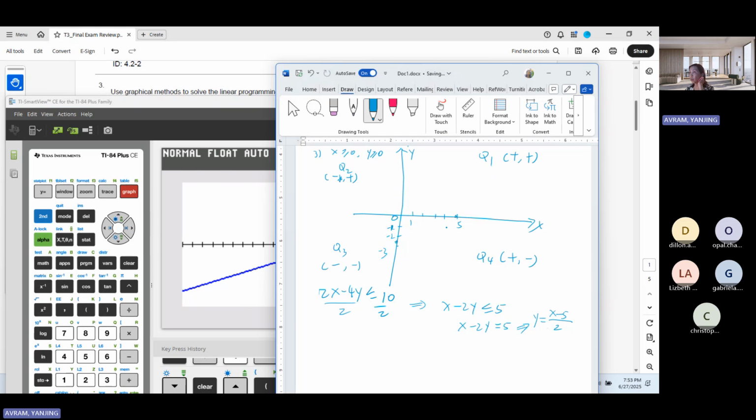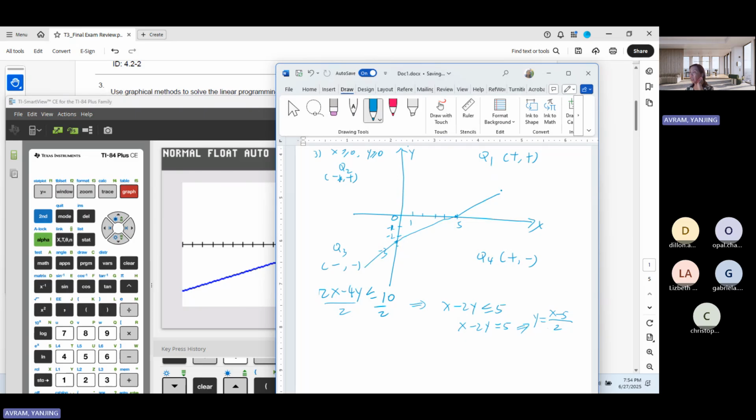So you have these two points. And we do have an equal sign, so you can use a solid line. Let's connect these two together. This should be a little bit straighter in here.